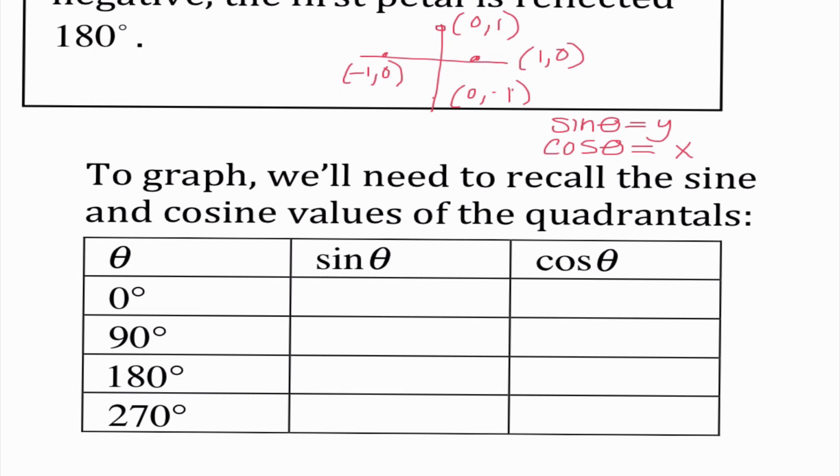So sine of 0 degrees is 0, sine of 90 degrees is 1, sine of 180 is 0, and sine of 270 is negative 1. You might recognize this pattern from graphing sine and cosine graphs. For sine we went 0, 1, 0, negative 1, and for cosine we went 1, 0, negative 1, 0, which are all the x values of those ordered pairs.